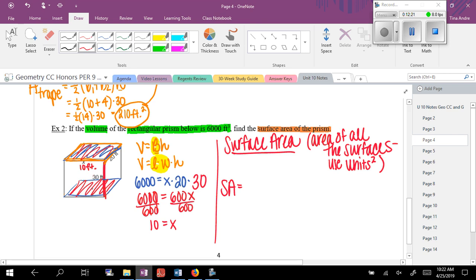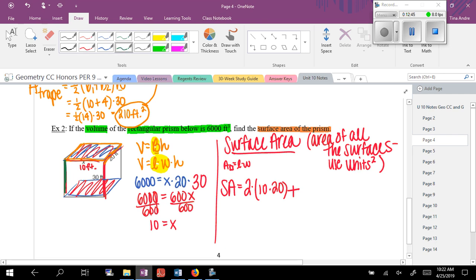So I know that there's 2 of those rectangles on top and the bottom. So it's going to be 2 times the area of the top and the bottom. So this is going to be 10 times 20, length times width. So I'll just write up here as my formula for rectangle, length times width. That's what I'm using. Plus, now I have to do the area of, let's say, the front and the back.